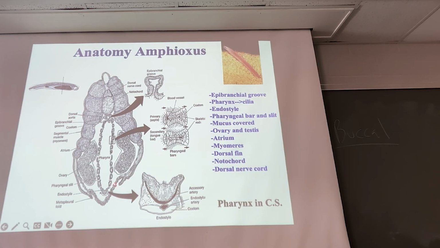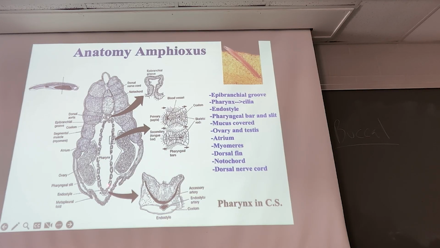And so the mucus is produced, and this endostyle runs the entire length from cranial to caudal, the entire length of the pharynx, as does the epibranchial groove. And the bars, the endostyle, and the groove are all lined with ciliated cells.